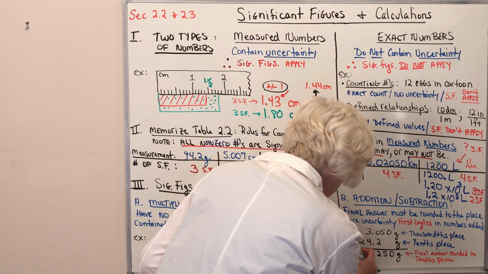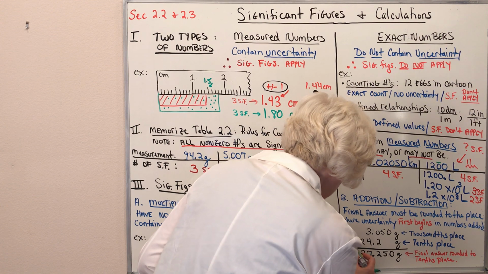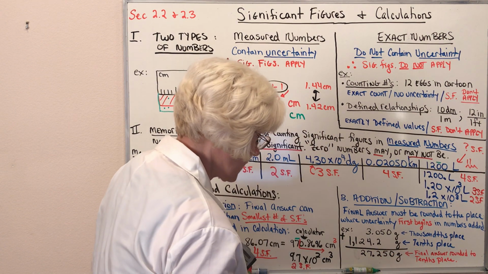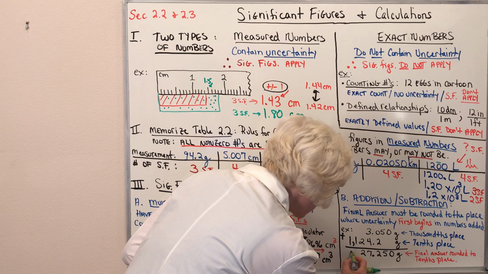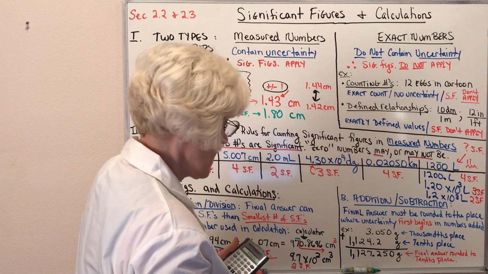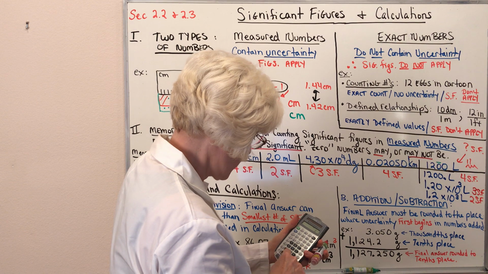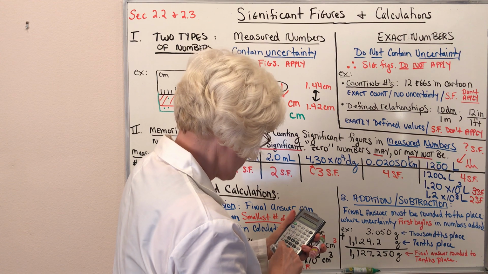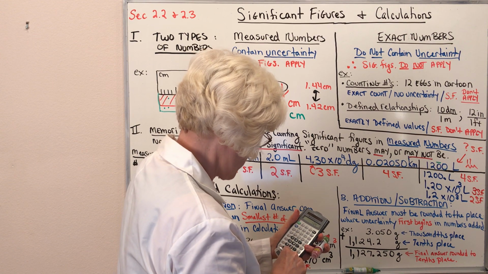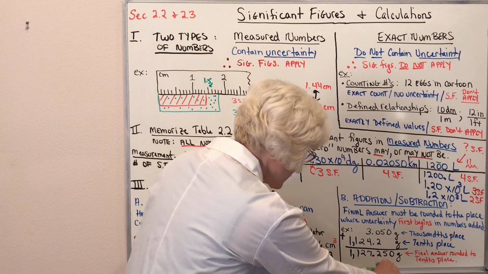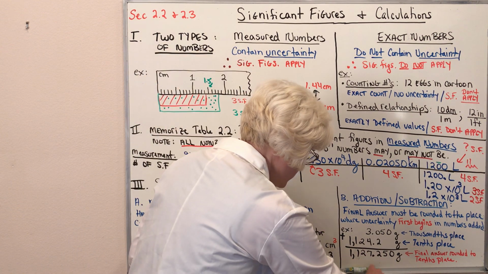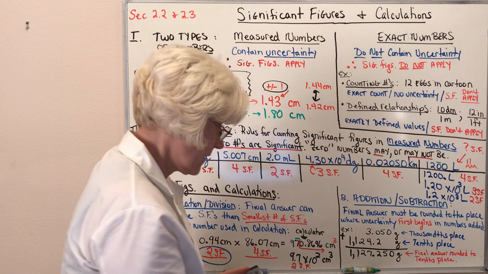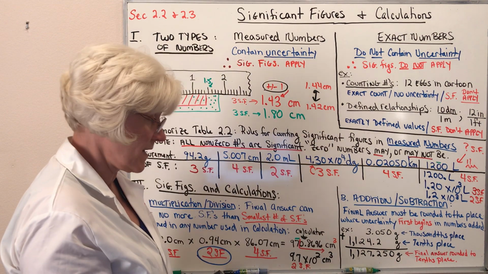If we add these two numbers up, gram amounts, on the calculator, I see when I add them up 3.050 plus 1,124.2, I get on my calculator a final answer of 1,127.250. But these digits are not all significant.